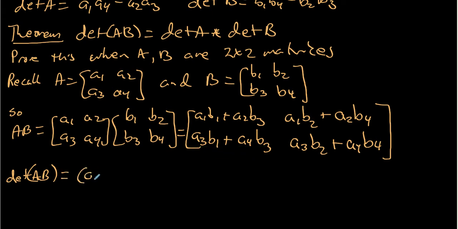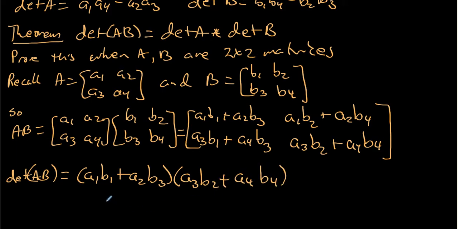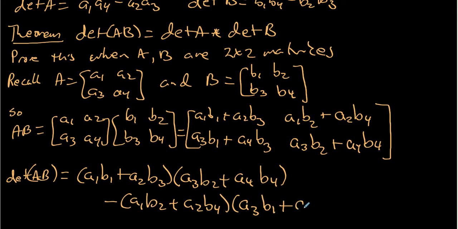So we're going to have (A1 B1 plus A2 times B3) times (A3 B2 plus A4 times B4) minus (A1 times B2 plus A2 times B4) times (A3 times B1 plus A4 times B3).